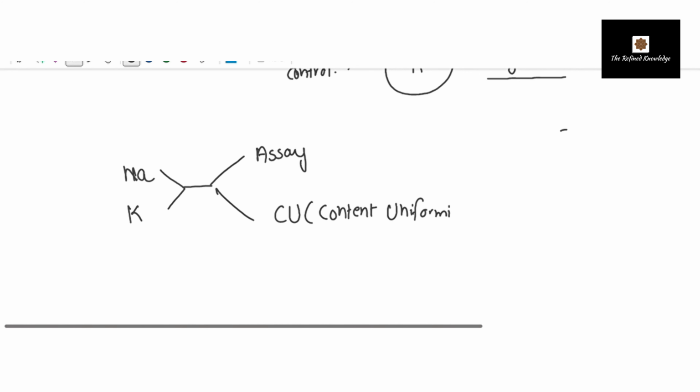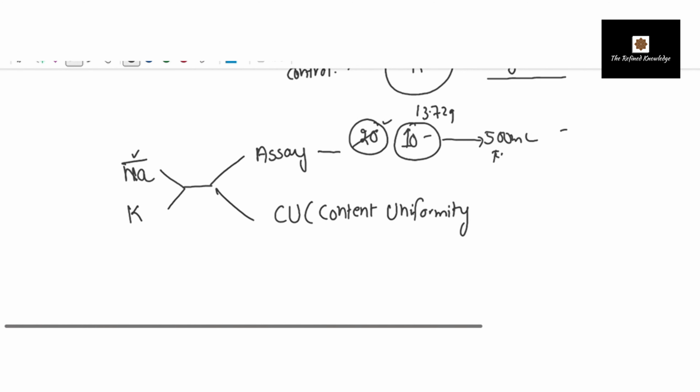In SA, generally we take 20 tablets and make a solution. But for this macrogol, we are not taking 20, we are taking 10 sachets. Each sachet is around 13.72 grams. So we are taking 10 sachets into a 500 ml flask, and further it involves some dilutions.